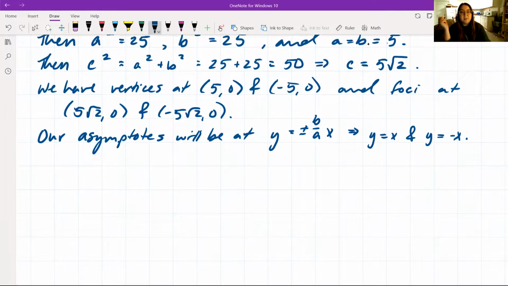So we have our asymptotes at those points as well. So now we have all the things that we need to go ahead and actually graph our equation.